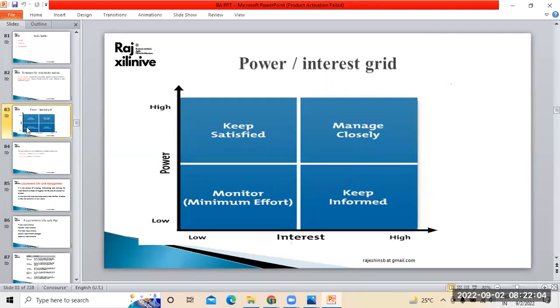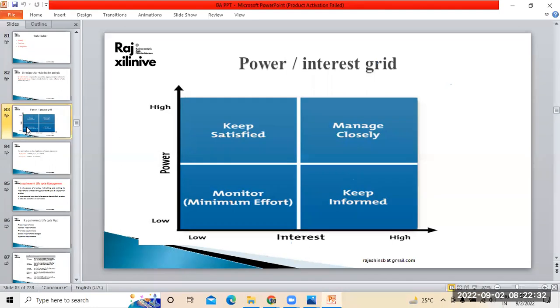Now, who comes under high power, high interest people? These are people who have power followed by interest in the project: the business owner, technical owner, project management team, business analyst, and architect of the project.